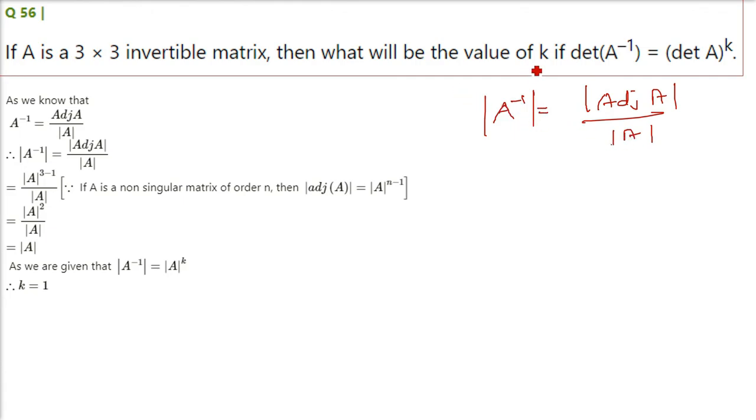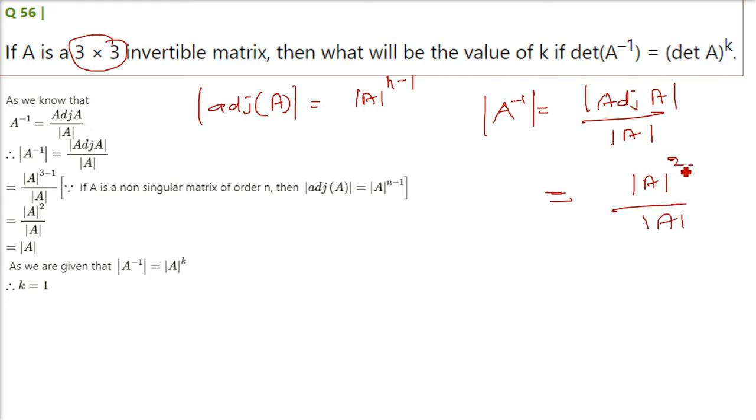And this adjoint A, determinant of adjoint A is what? I already told you that if you want to find the determinant of adjoint of A, it will be equal to the determinant of A raised to n minus 1. So you have n as 3, and 3 minus 1 is 2.